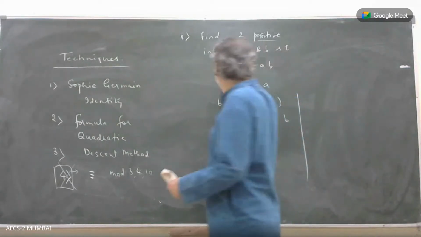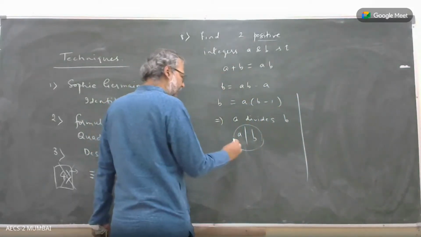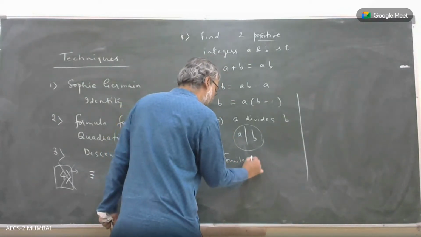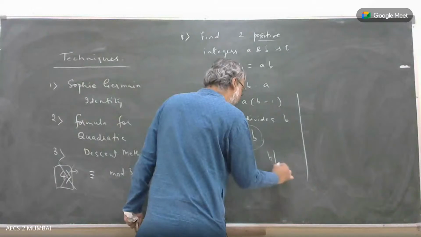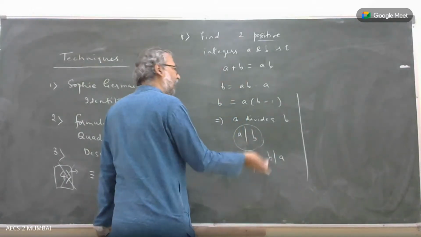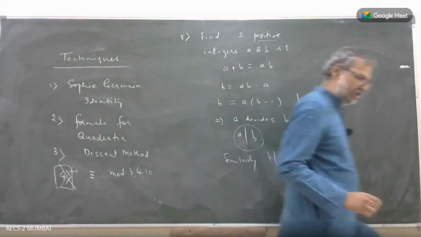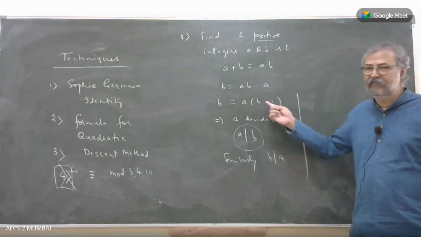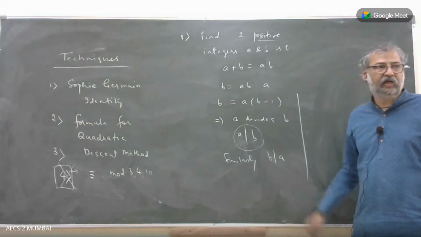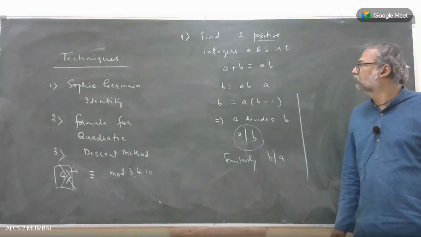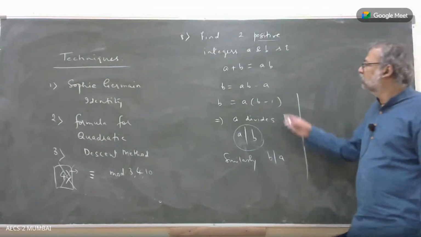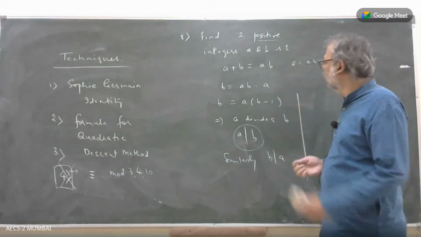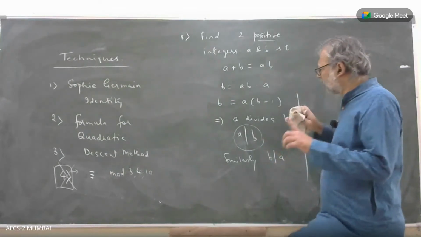Now, it's very much symmetric, right? So can I say similarly b divides a? How will you simplify if I want to claim b divides a? We take a is equal to ab minus b, and you take b common.